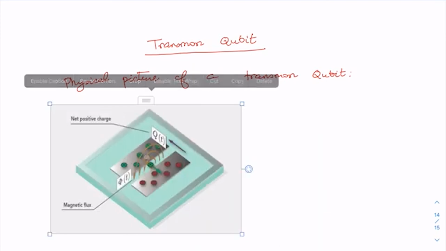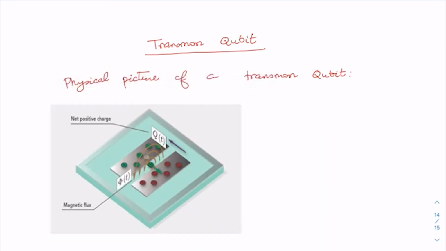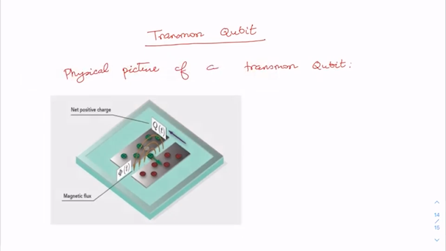As you can see, there are two metallic pads or islands, say metallic island number 1 and metallic island number 2. Actually they are superconductors, and they are connected by a junction, which is basically a nonlinear inductor.